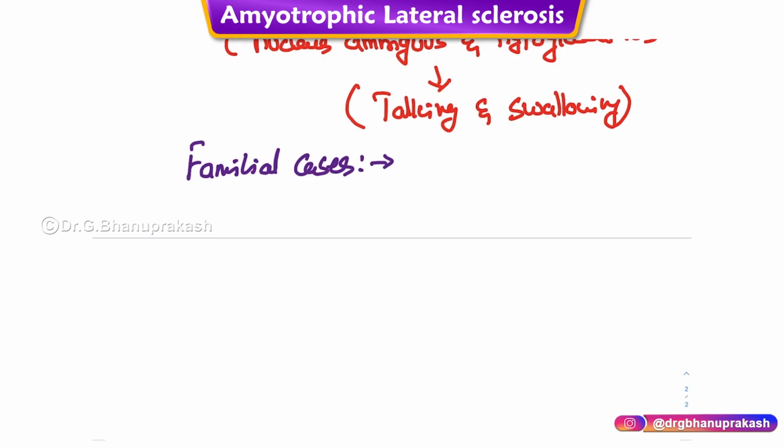The majority of familial cases of ALS have an autosomal dominant pattern. MCQ question: the majority of familial cases associated with ALS have an autosomal dominant pattern of inheritance.